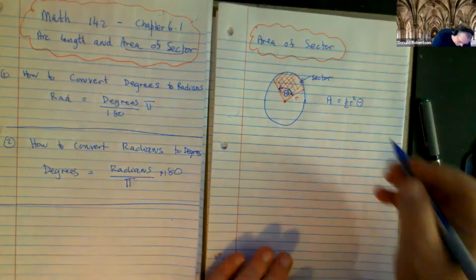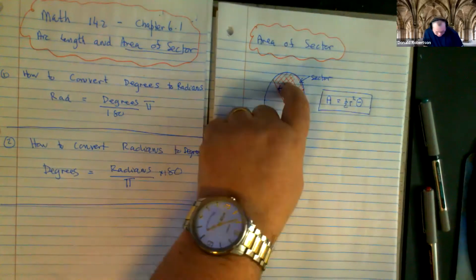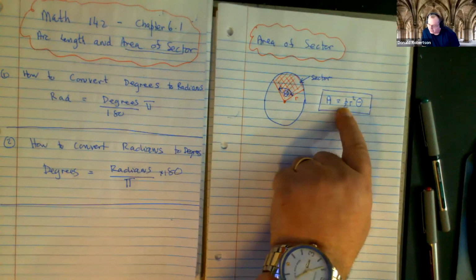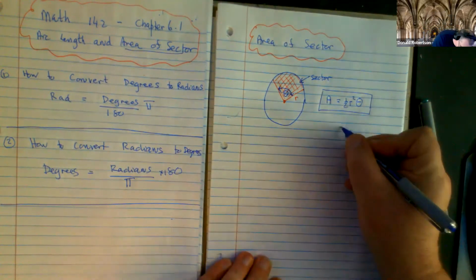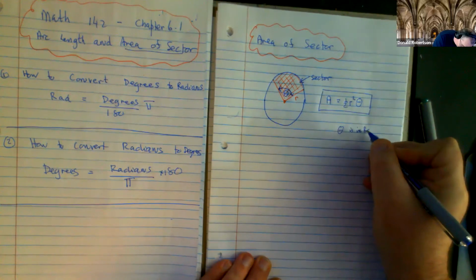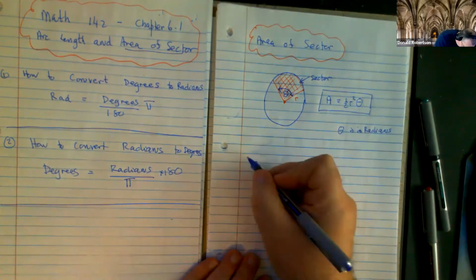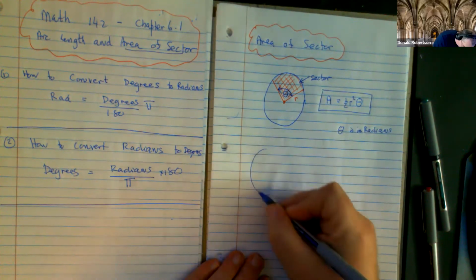So we are now going to find the area of a sector using this formula. Theta, again, is in radians. I'll start with the first one, a pretty simple one.